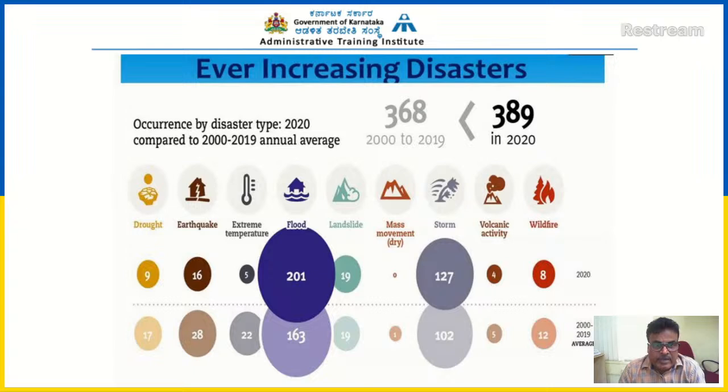So global warming, climate change, and its impact across the globe might be one of the causes for the increasing number of disasters under the hydrometeorological area. You can see the number of instances is more under flood, and even under storm also. So let us see the other aspects of disaster management.